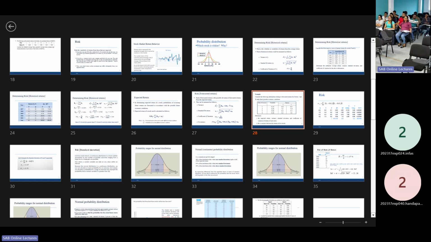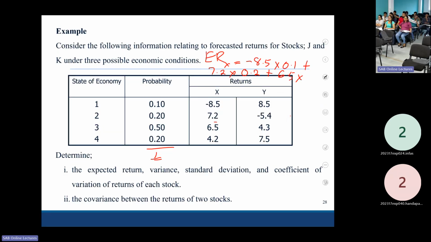Then the forecasted return if the fourth state of economy happened, that is 4.2, into its probability 0.2. So get the total.